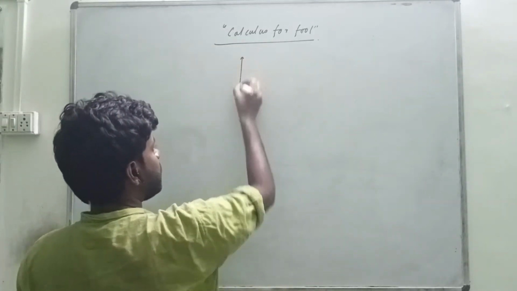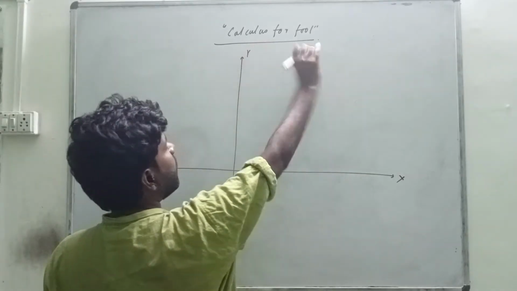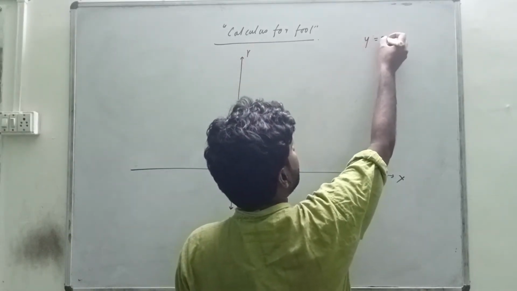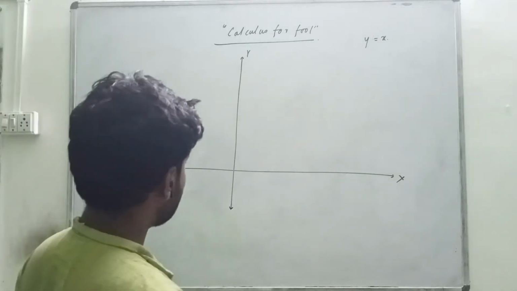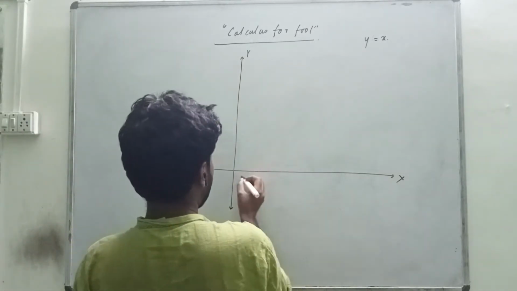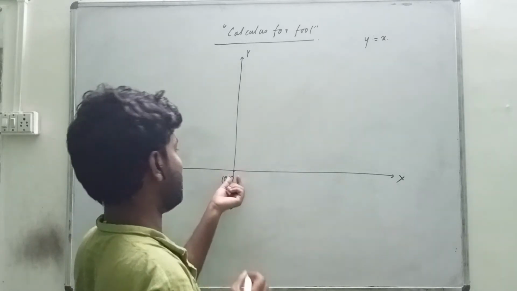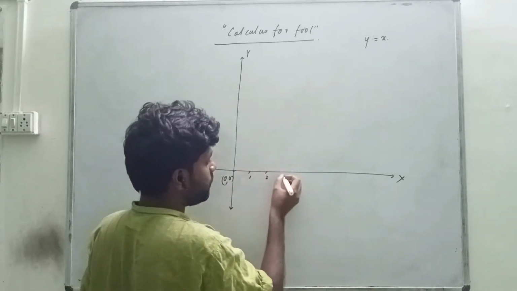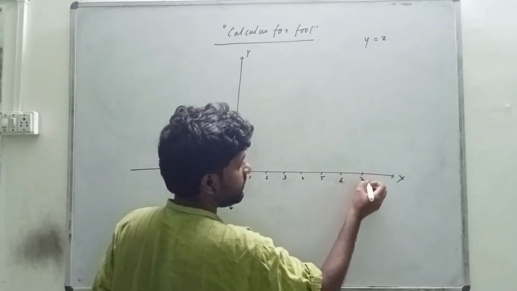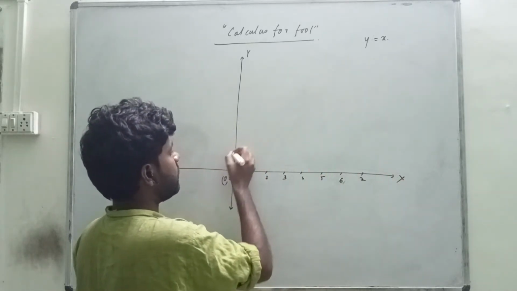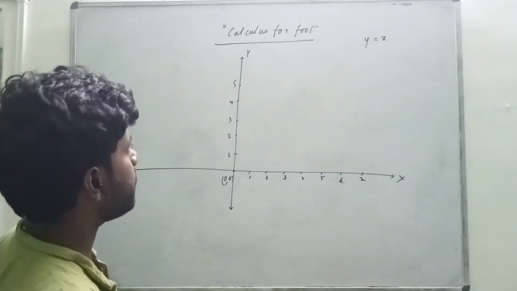If I draw a coordinate system here, it is x, it is y, and if I draw a curve like y equals x, here it is 0 comma 0, the origin. It's 1, 2, 3, 4, 5, 6, 7 along x, and 1, 2, 3, 4, 5 along y.